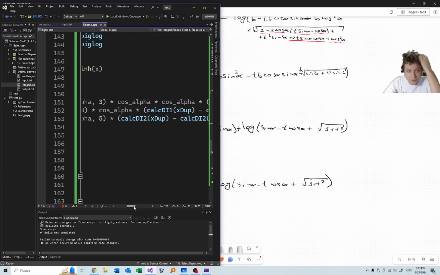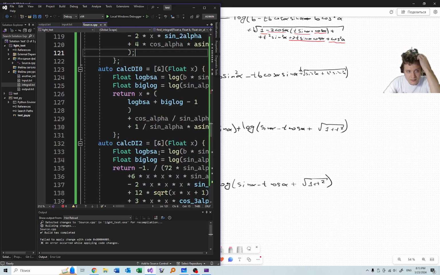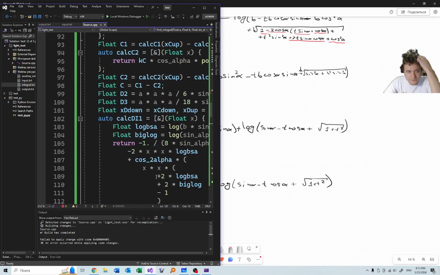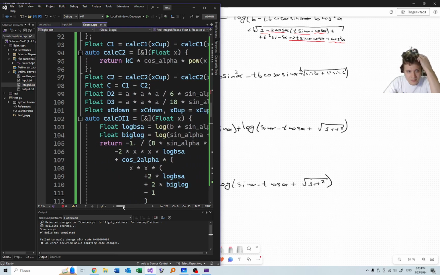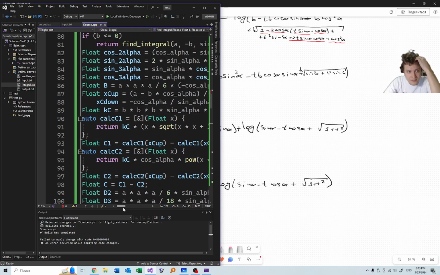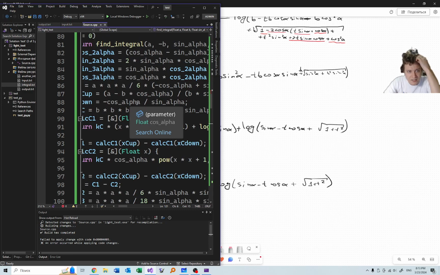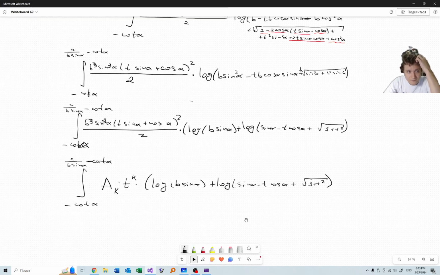So upper and lower limits I chose as xd up and xd down. Xd up and xd down are the same as for c. And for c we have xc up is a minus b cosine alpha divided by b sine alpha.